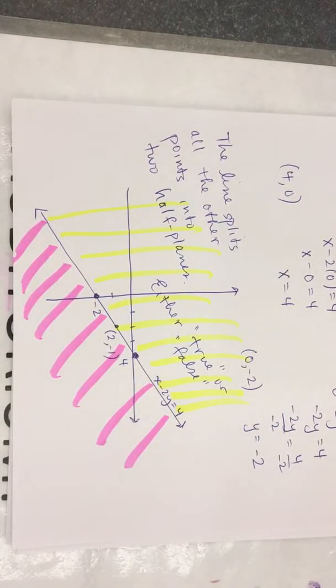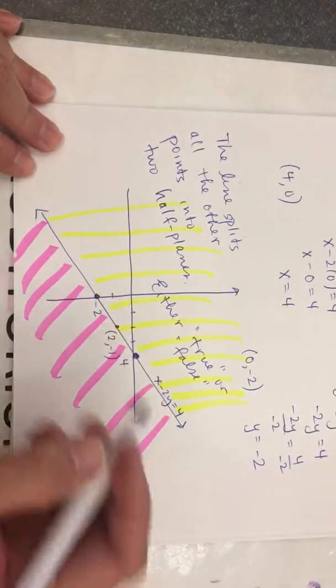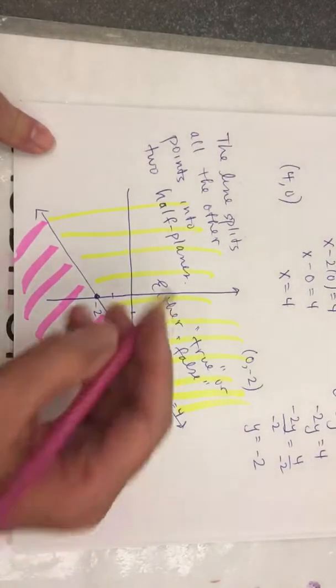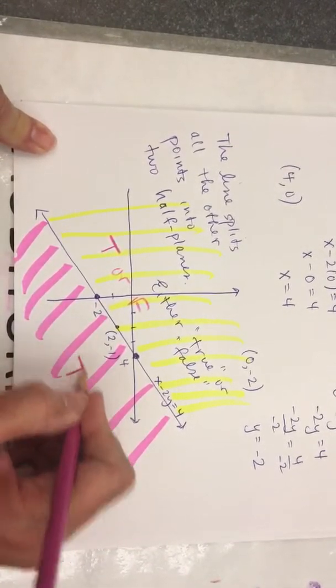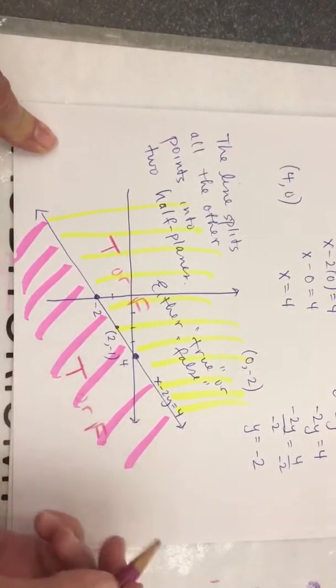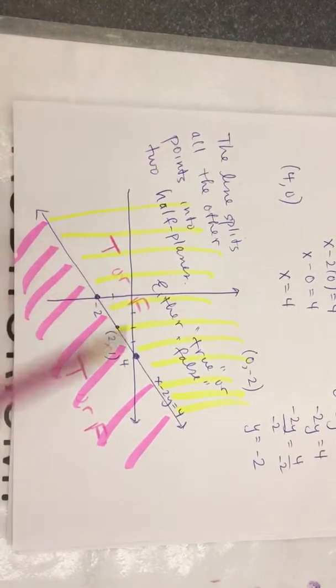If the yellow region is true, the pink region is false, and vice versa. So I'll write here, this is either true or false. This side the same, true or false. If the yellow is true, the pink is false. If the yellow is false, the pink is true.